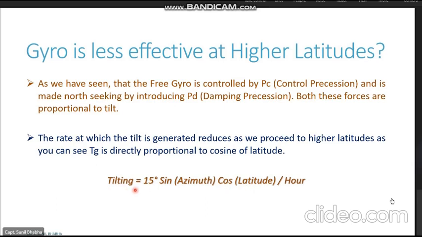Now when tilting is 0, that means tilt will not be generated. The rate of change of tilt is 0. If tilt is not generated, PC and PD will not be generated. And if PC and PD do not exist, the gyro cannot become a north-seeking damped gyro compass.